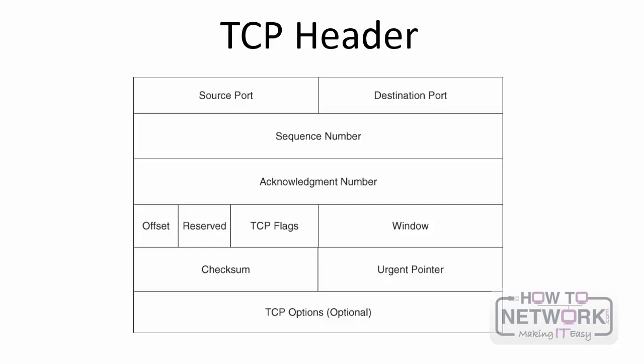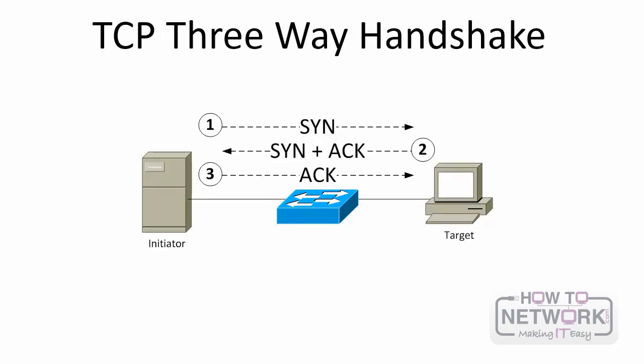Now that you've learned about what is in a TCP header, you need to understand the basics of how TCP initiates traffic flows over a network. It's not complex, but you certainly need to know it if you're tested on it. The process of setting up a TCP session involves a 3-way handshake. Step 1, the session initiator sends a SYN message to the target host.